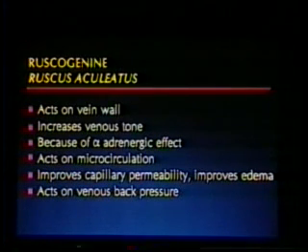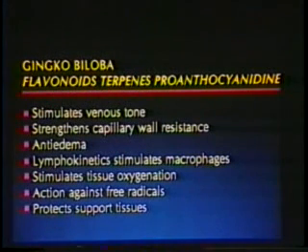Ruscogenin or Ruscus aculeatus was also mentioned. This phytotherapeutic product has an effect on the vein wall, increasing venous tone because of its alpha-adrenergic effect. It activates microcirculation and improves capillary permeability and edema, acting on venous back pressure. Ginkgo biloba is another very important drug containing flavonoids, terpenes, and proanthocyanidins, which stimulate venous tone and strengthen capillary wall resistance.